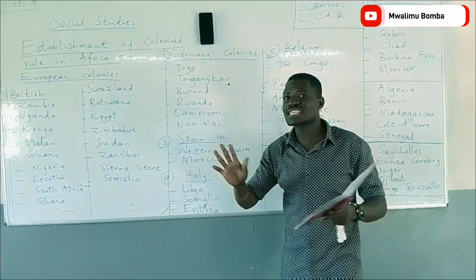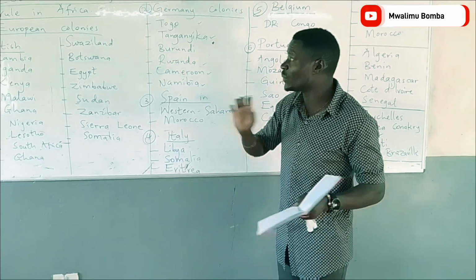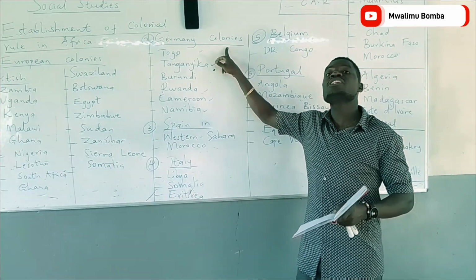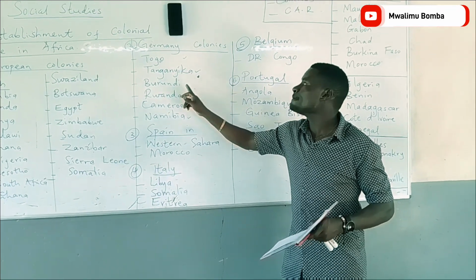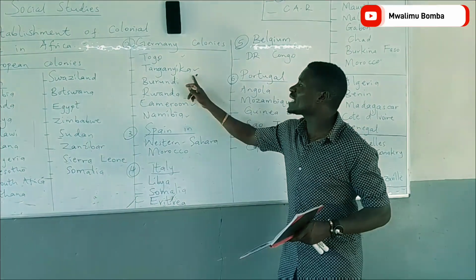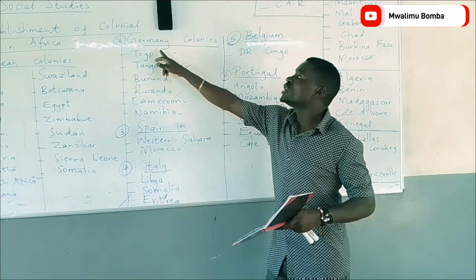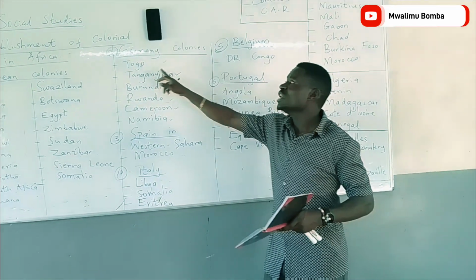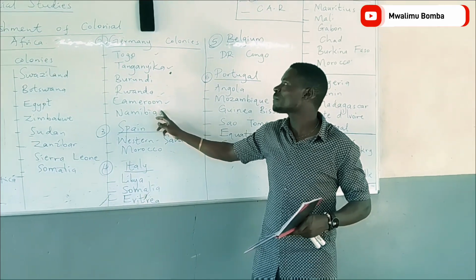German colonies, I will sing in slow motion so that you get it very well. German colonies, Togo, Tanganyika, Burundi, Rwanda, Cameroon.